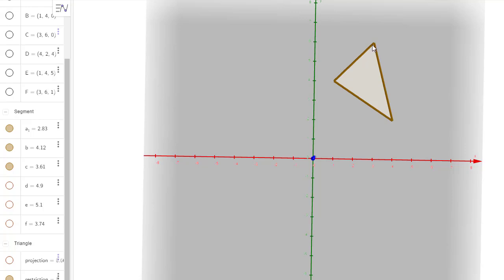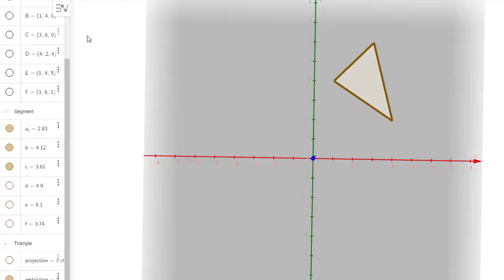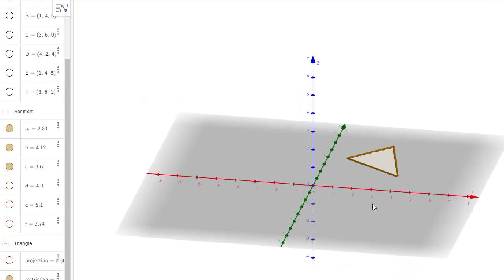And we need to figure out which ordered pairs here make our objective function p the biggest and the smallest. So how does p relate to this graph? Well, the thing is, when you introduce the objective function, which is a function of x and y, you take this two-dimensional system and you turn it into something that's three-dimensional, as you can see here.